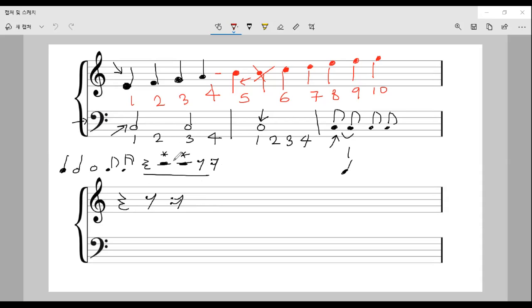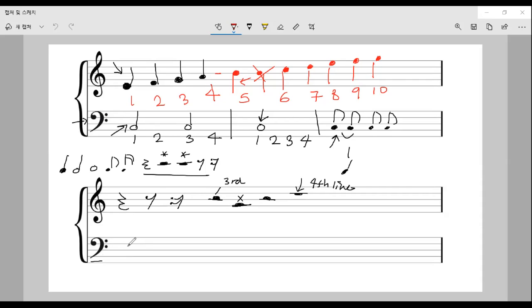The half rest is always going to be on the third line. Don't put it on the second line here. This is not right. It's always on the third line. This is the half rest. And your whole rest has to hang under the fourth line. The fourth line, and this is the third line.